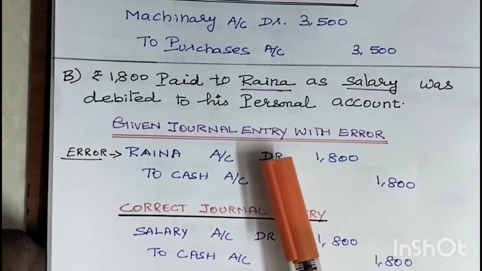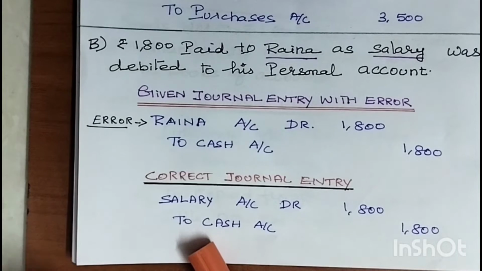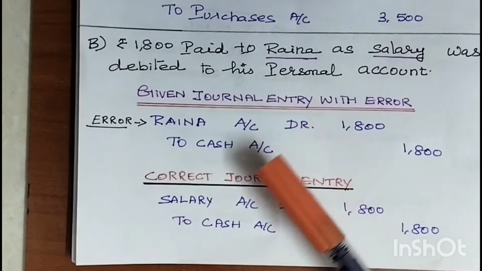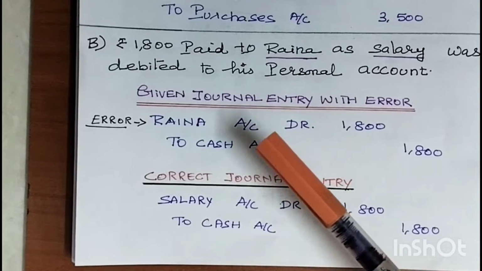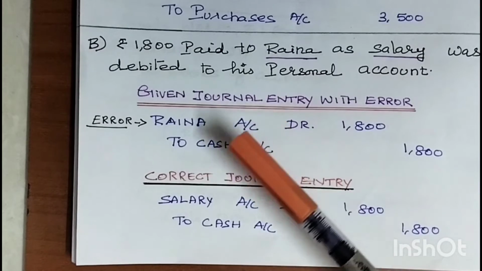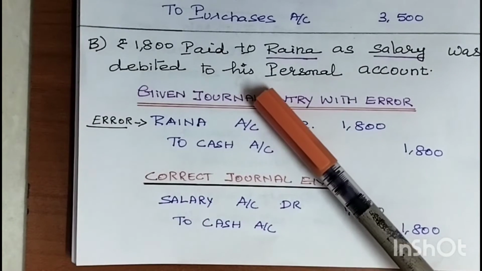Okay. So now you have to find out the error. Which side has the error? We have to compare both journal entries, the given error journal entry and the correct journal entry we pass for this transaction.